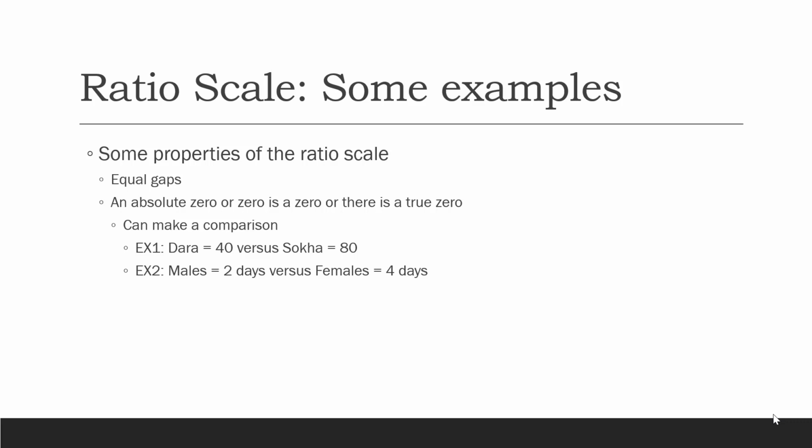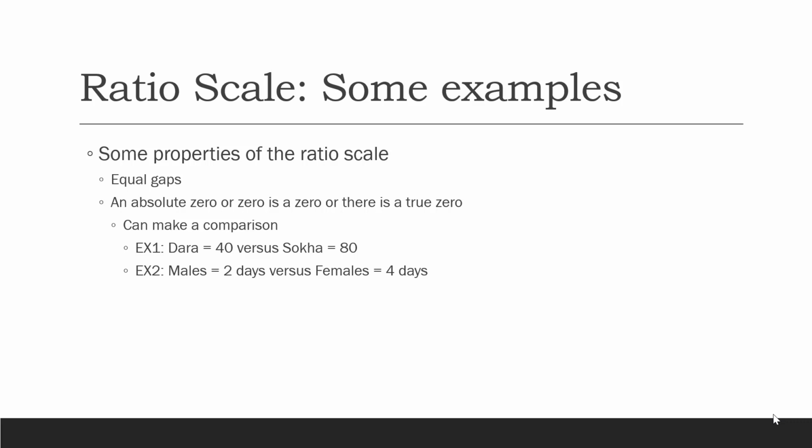Therefore, when zero is absolute, we can make any comparison as we wish. For example, Dara has collected 40 coins, Sokha has collected 80 coins. So the number of coins, ladies and gentlemen, is really measured by a ratio scale, so it has an absolute zero. So can we make a comparison in this context? Yes, we can make a comparison. It is very safe to make such a comparison.